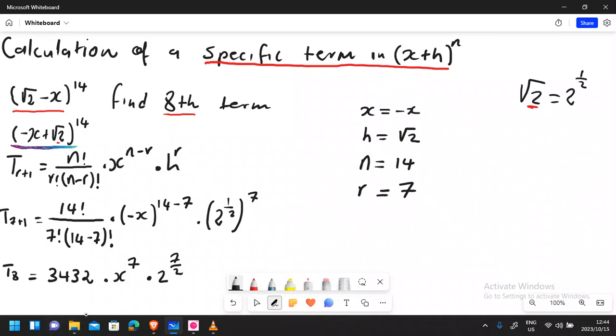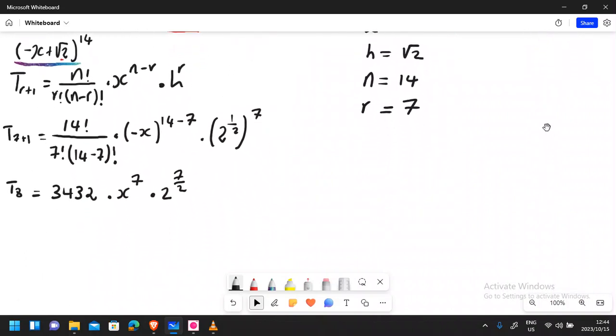Now if we continue, remember the answer can be in 3 different ways. In fact, 4. Let me just say 4, because if you continue here, it's going to be 3432 x to the power of 7. But remember, you can leave it in surd form. If they say leave it in surd form, basically this is what they mean, to the power of 7.